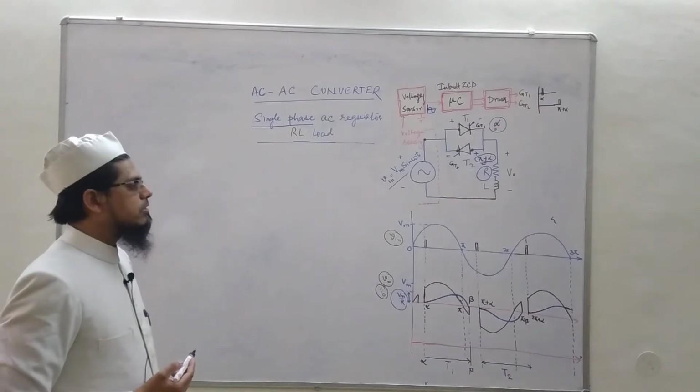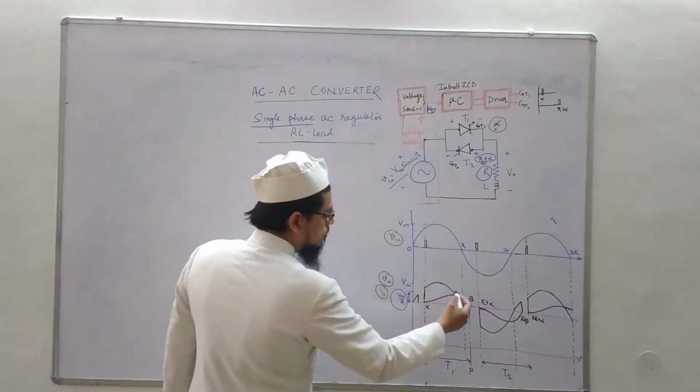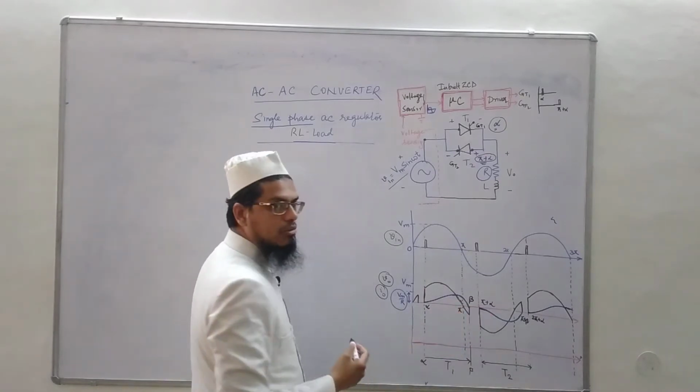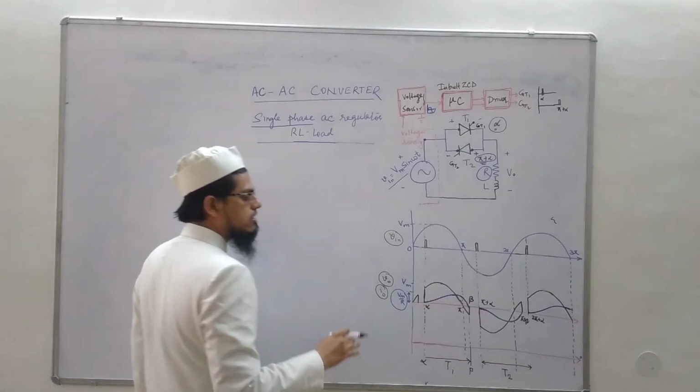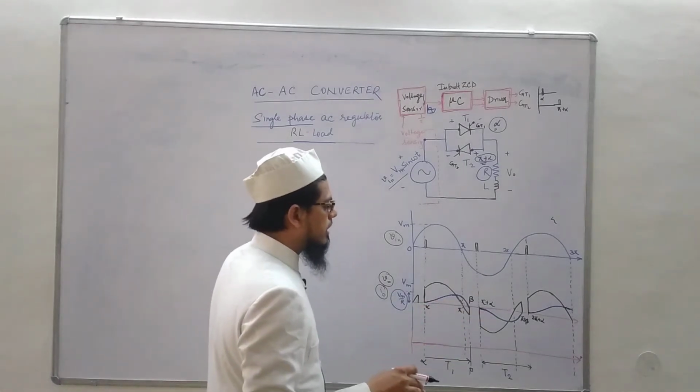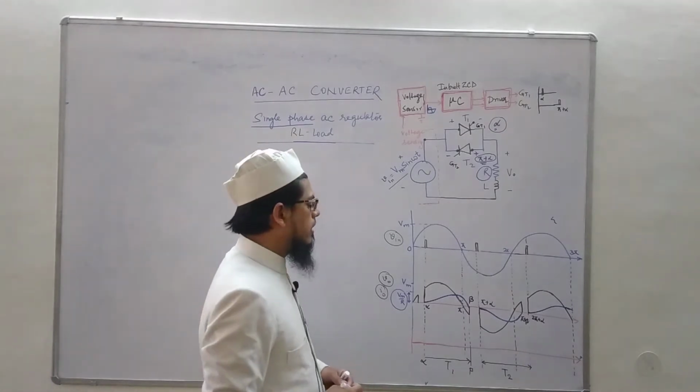So we would take up the case when the current through the load is discontinuous in nature. That means it is falling to 0 and remaining at 0 for some time during a cycle.